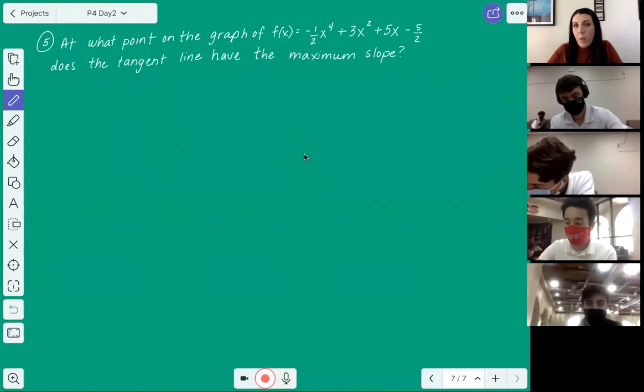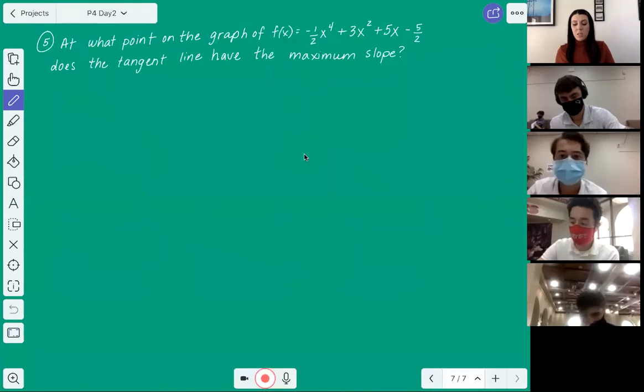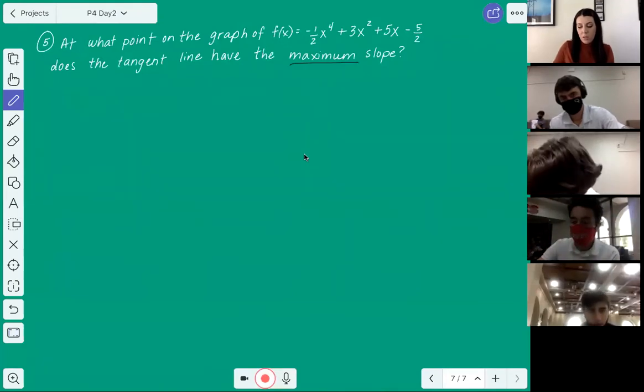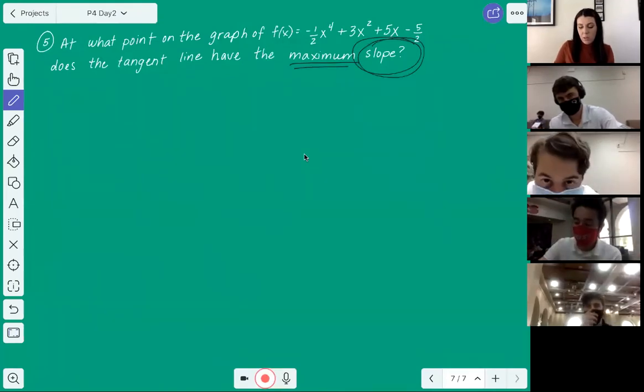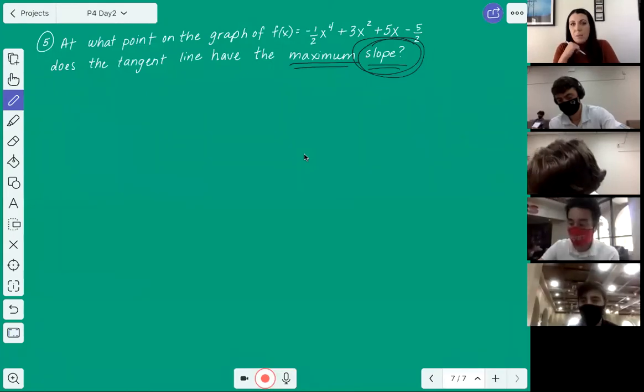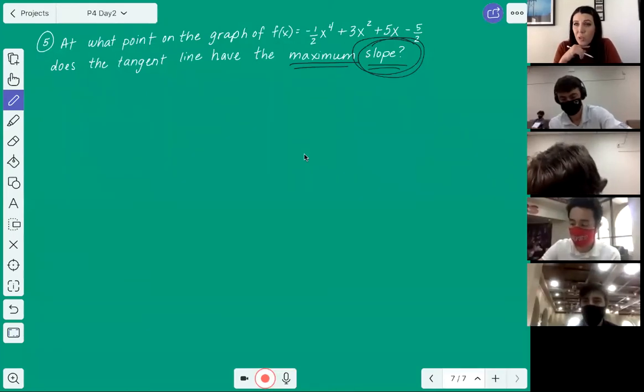So it wants to know, at what point on that graph does the tangent line have the maximum slope? Maximum slope. I would also write down those two words, maximum slope.